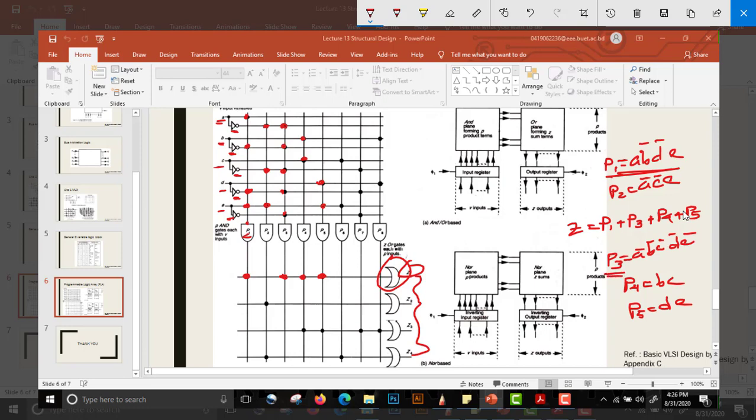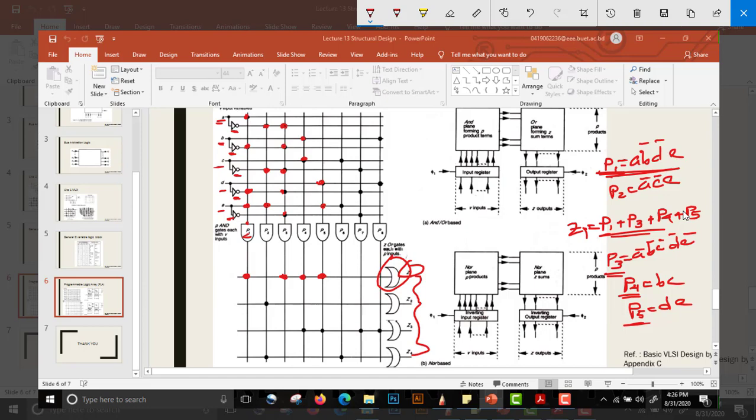This P3, P4, P5 and P1 are passed through an OR gate, and we get output Z1. So we can very easily understand that using this type of programmable logic array, through this OR gate and AND gate structure, we can actually execute any logic function.